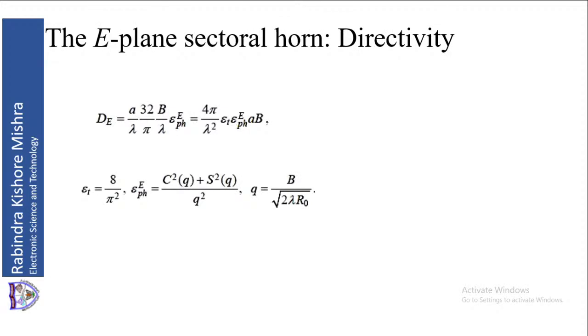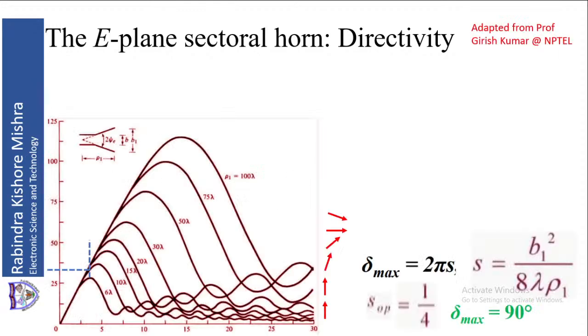Now come to the E-plane sectoral horn antenna. The expression for directivity you must have seen, so I am not going into that. Again, here you can see the curve for directivity in the E-plane sectoral horn antenna, as in the case of the H-plane sectoral horn antenna. Here also delta max, the maximum phase difference, is equal to 2 pi s, where s is equal to b1 square by 8 lambda rho 1.